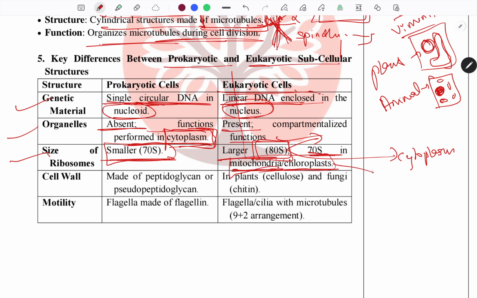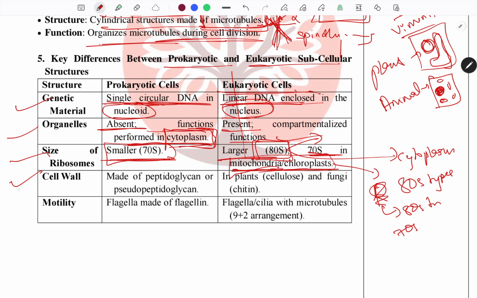If the question comes, what is the type of ribosome present in a eukaryotic cell? Please remember it is the 80S ribosome. If they ask that question in depth, they will give it along with that: 80S in the cytoplasm and 70S in mitochondria and chloroplasts, then that is the answer.